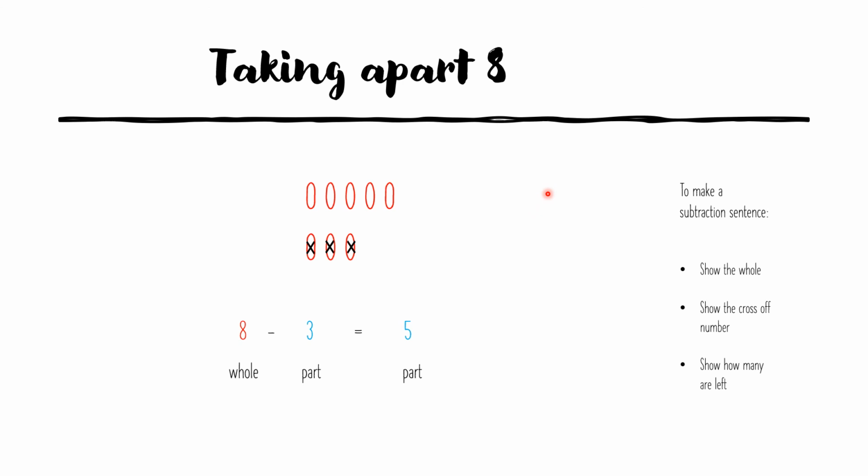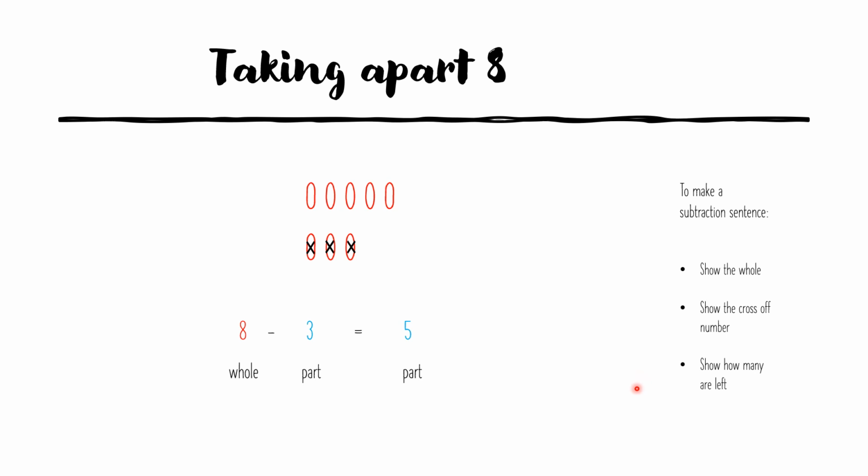Kindergarten, give a thumbs up if your subtraction equation or sentence includes a number that shows the whole, a number that shows how many circles you took away, and finally, a number that shows how many circles are left.